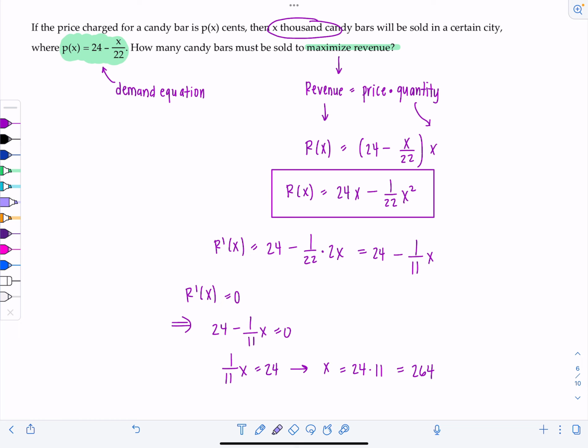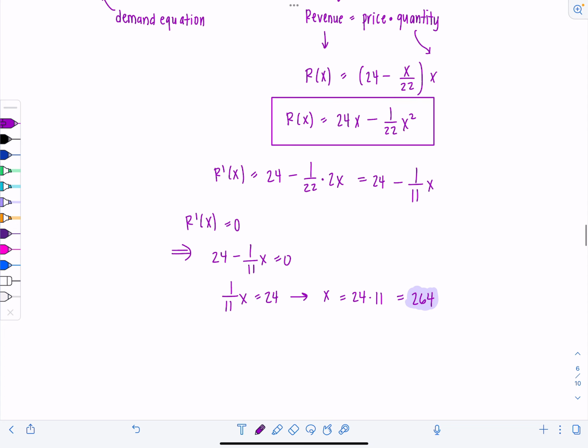Now, I do need to verify, though, that this critical value yields the max revenue. So let's go ahead and use our second derivative test. I'm just going to write: verify x equals 264 yields max revenue. So let's go ahead, one more derivative. Here's the first derivative, R prime of x.